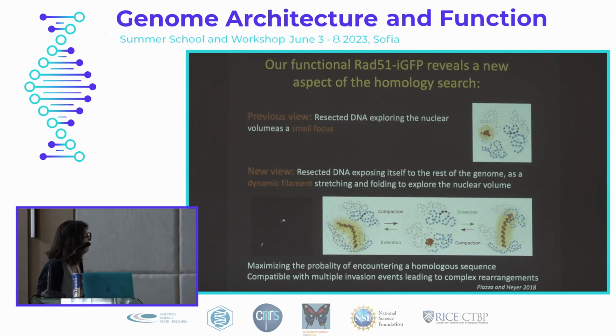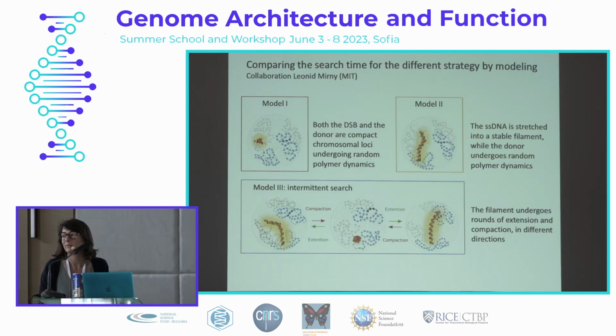This was our intuition, but we wanted to have a feel for how much it helps. For this, we decided to ask for help from Leonid Mirny to put some numbers on these different models and to know how much it helps to have a filament versus exploring the nucleus as a focus. This was the whole view of homology search, with this little focus exploring the nucleus.